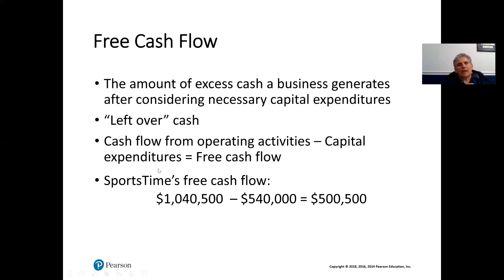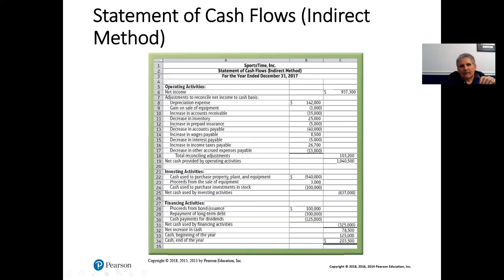There is such a thing as free cash flow. Free cash flow is computed by taking the amount of excess cash a business generates after considering necessary capital expenditures. So we're going to take $1,040,500. This came from the statement of cash flows, net cash provided by operating activities.